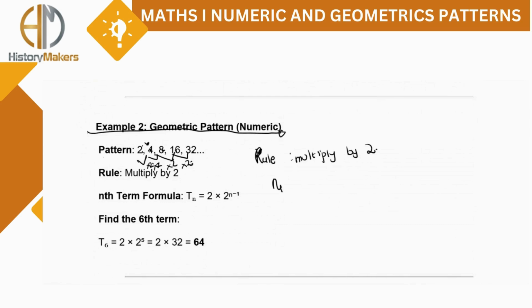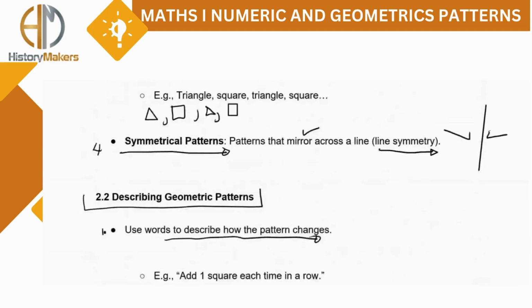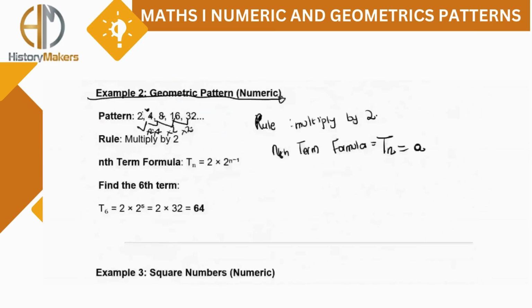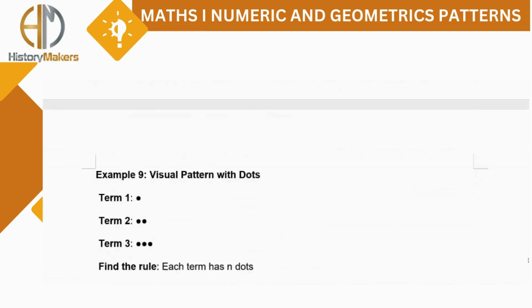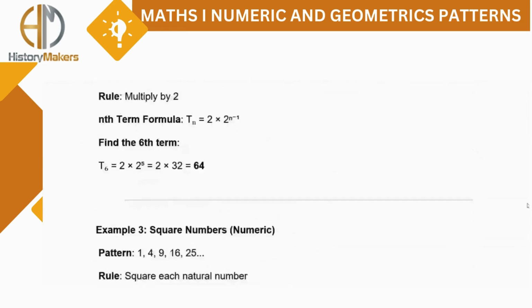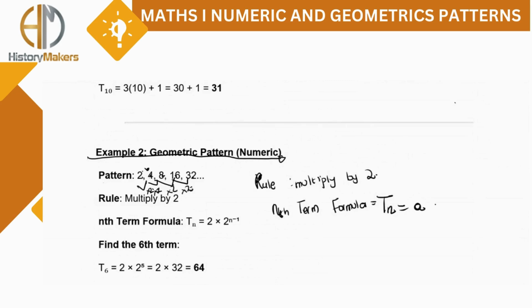Our nth term formula, remember, compared to arithmetic, we said the formula for the nth term is Tn equals A multiplied by R to the power of n minus 1. Let us go check the formula again. This is the second example.